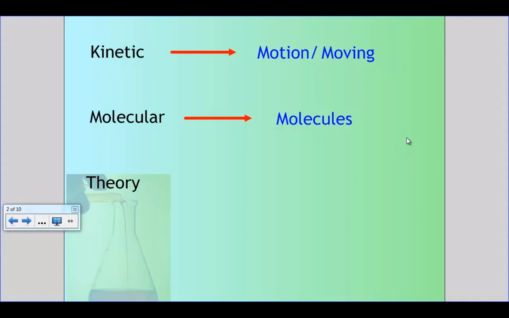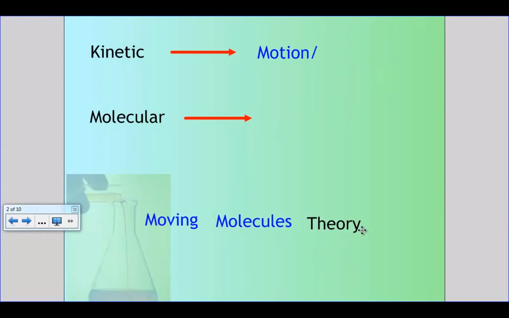So when we apply the kinetic molecular theory, it mostly just means moving molecules. Depending on the speed that the molecules are moving, that will determine if we have a gas, a liquid, or a solid.